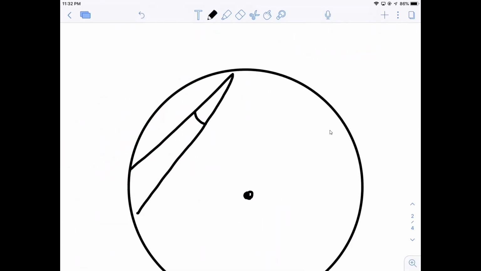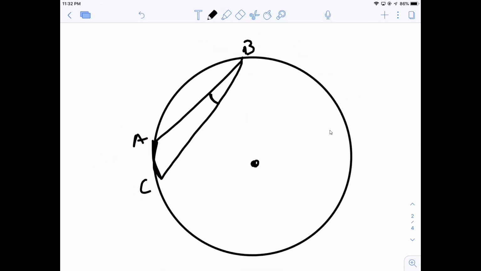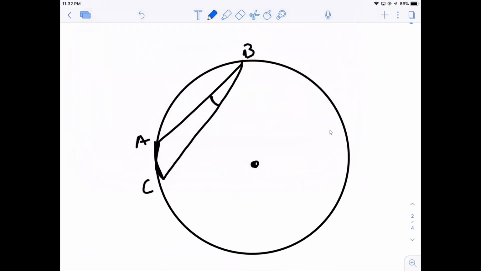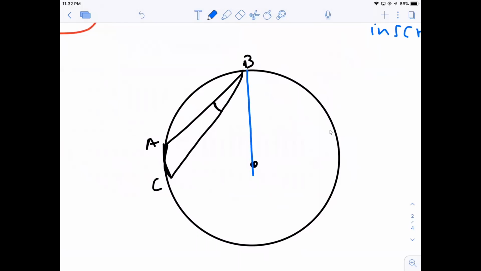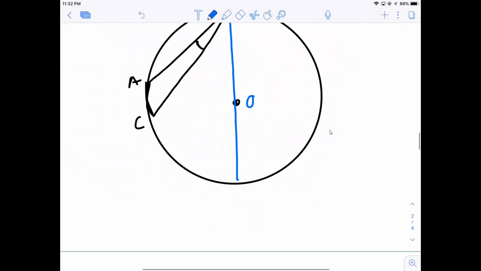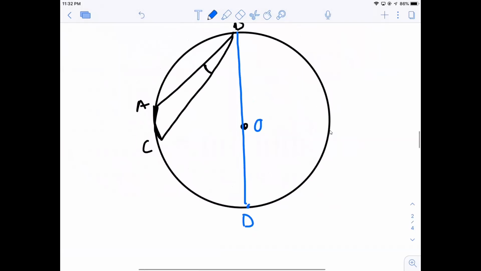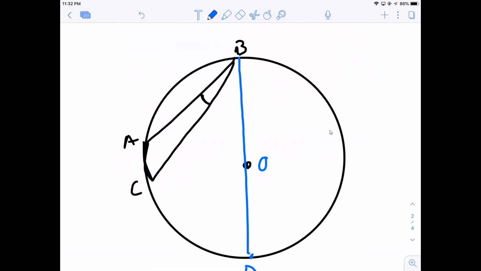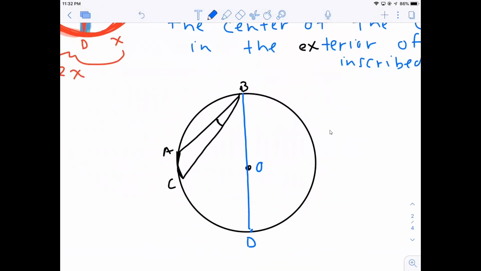All right, so again, we're saying this tiny angle here is half the measure of that arc. Let's call this ABC again. So what you do to prove it in this case is draw in this diameter, BO. Let's call this point D here.